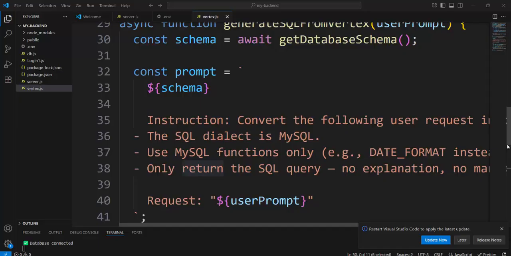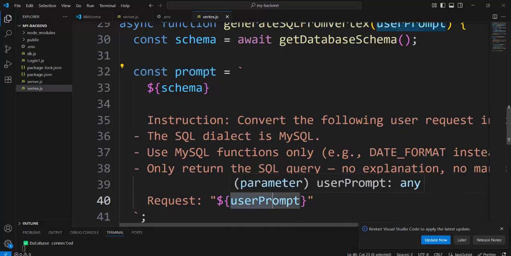RAG, Retrieval Augmented Generation. Here we created a new prompt, the original prompt.